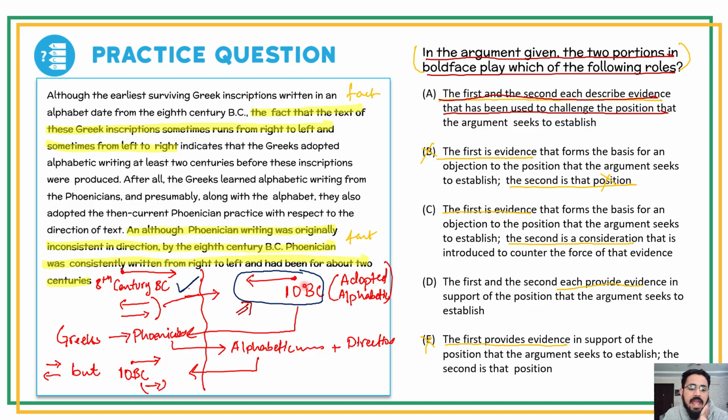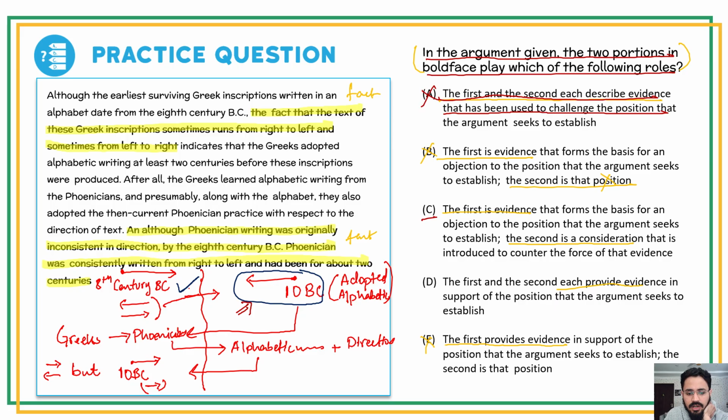The author is saying that Greeks adopted alphabetic writing in the 10th century BC or before that by standing on the shoulders of these two facts: the inscriptions from the 8th century BC have inconsistency in direction, and the Phoenicians were consistent by the 10th century BC, that is 2 centuries before that. So it supports the position that the author is trying to take. So A cannot be correct.